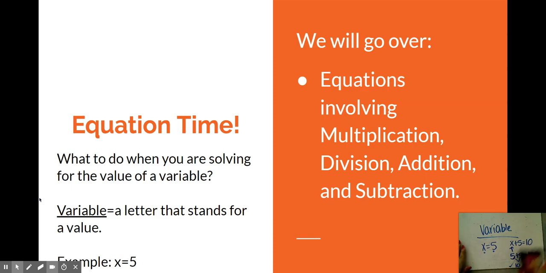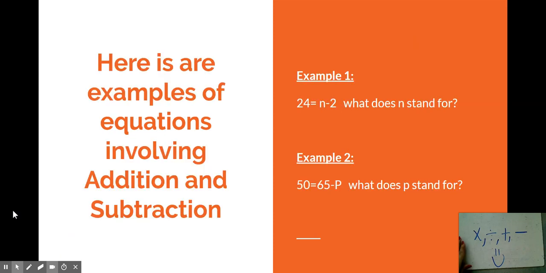We're going to go over equations involving multiplication, division, addition, and subtraction. So stay tuned. Here we go. The first example that we have is 24 equals n minus 2. So we're trying to figure out, what does this n stand for?